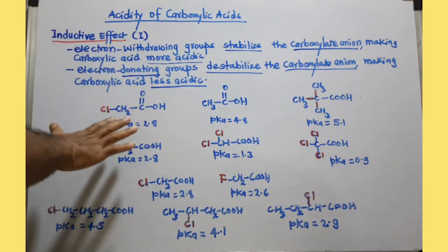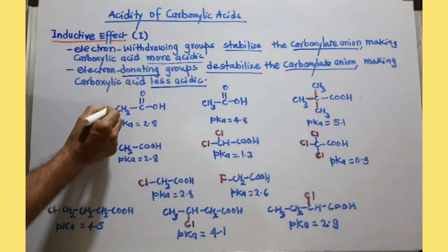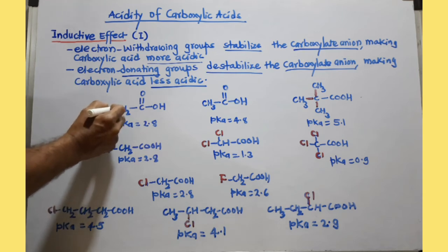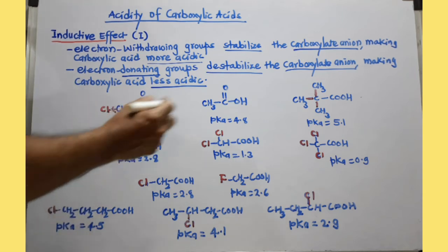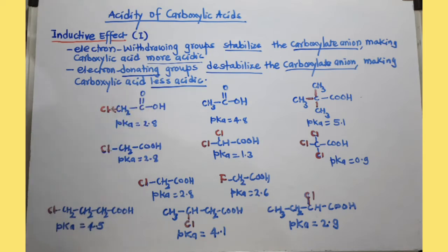So you can understand these 2 points by considering all these examples. Now Cl is electronegative, which is electron withdrawing. I can show you the direction of electron flow from carbon to Cl.